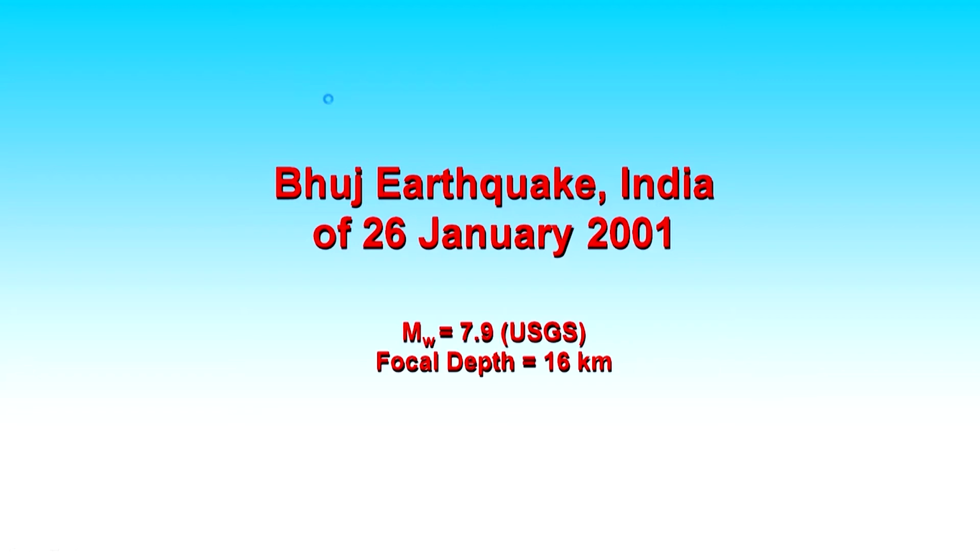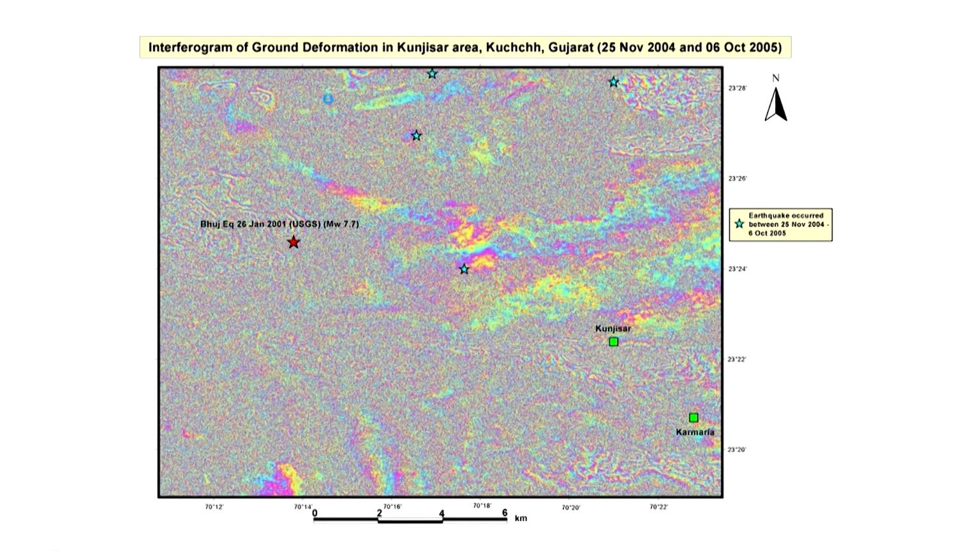Now, some more remote sensing applications we have seen, but very quickly I will mention that we employed the SAR interferometry technique in the earthquake of 26 January 2001. And the important point here is that the images or interferograms which I am showing here are not co-seismic.